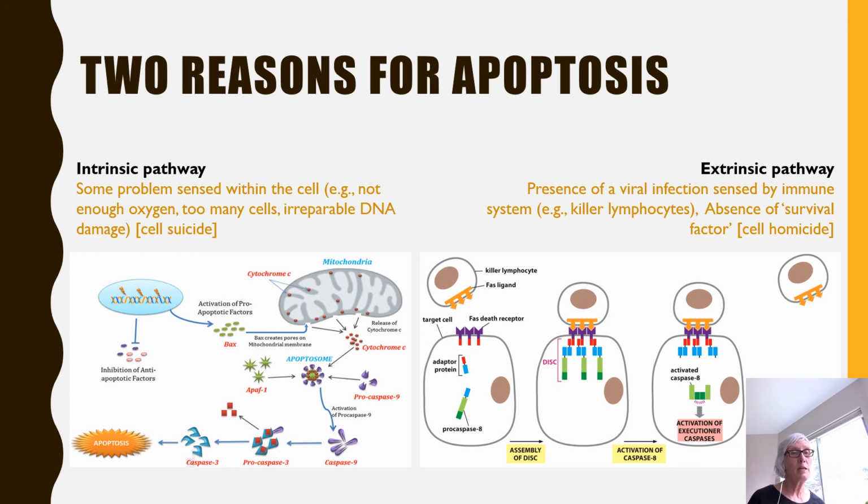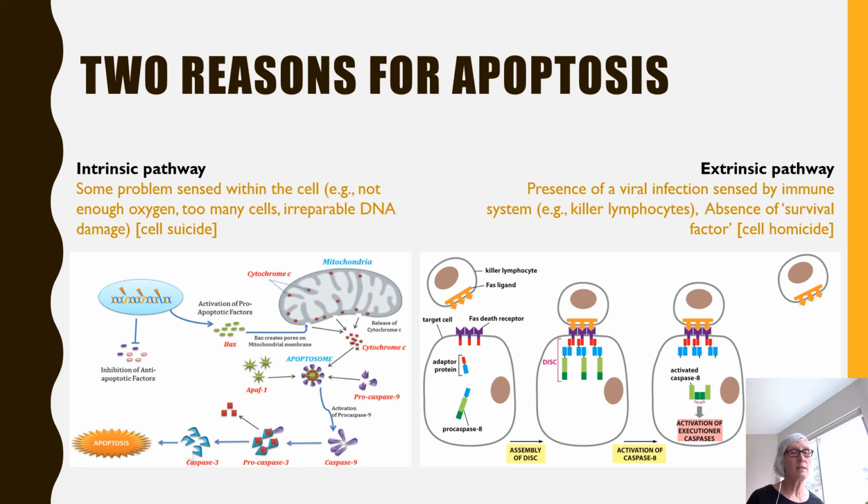There's a lot of information on the image, and I don't care that you know that. I just would like you to recognize that if the internal environment is sensed to be inappropriate, a cell in a multicellular organism can undergo apoptosis if it believes that killing itself is for the greater good of the organism. In other words, our cells will take one for the team by killing themselves via this apoptotic process.